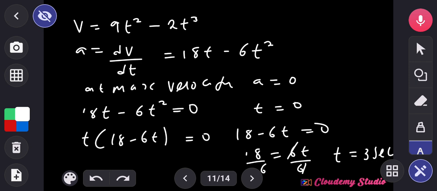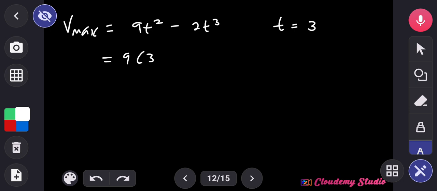You understand? They now say we should calculate the maximum velocity attained. That's what we want to calculate. Now, how do we do that? We are just going to say that Vmax, since our velocity equals 9t squared minus 2t cubed, and we know that the time at which we attain our maximum velocity is 3 seconds, it means that it is equal to 9 multiplied by 3 squared minus 2 multiplied by 3 cubed.